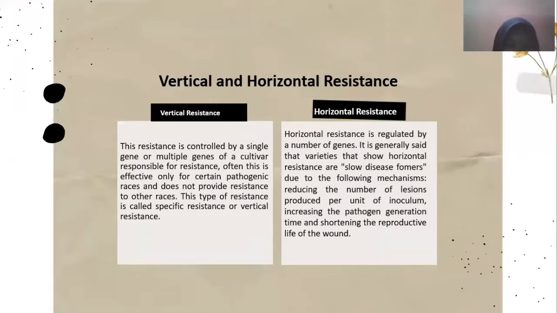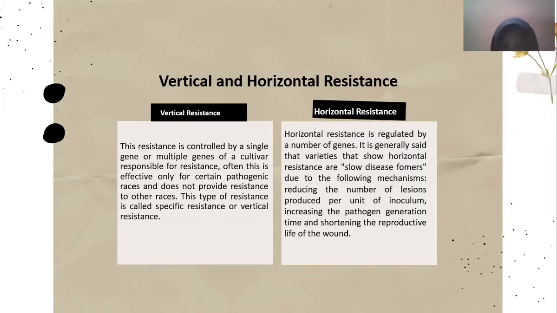This resistance is controlled by a single gene or multiple genes of a cultivar responsible for resistance. Often, this is effective only for certain pathogenic races and does not provide resistance to other races. This type of resistance is called specific resistance or vertical resistance.